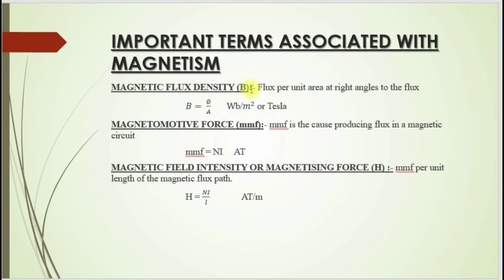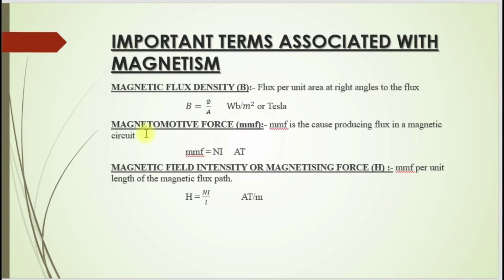So magnetic flux density is usually represented by the capital letter B. Flux density means flux per unit area at right angles to the flux. Then you can see here phi means Weber and A means area. Area unit is meter square. So here magnetic flux density has the unit Weber per meter square, or it can be simply represented as Tesla.